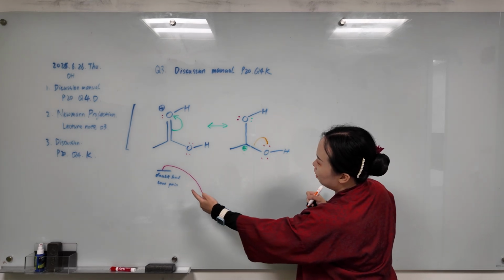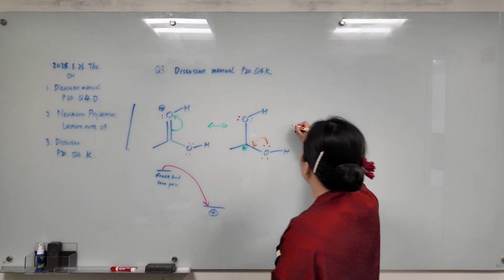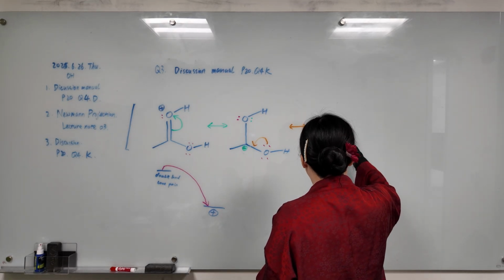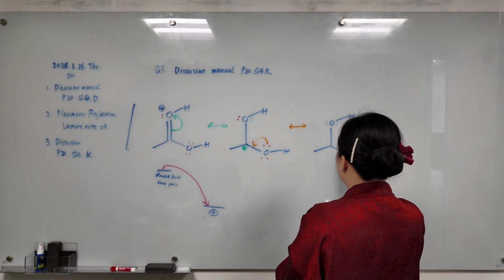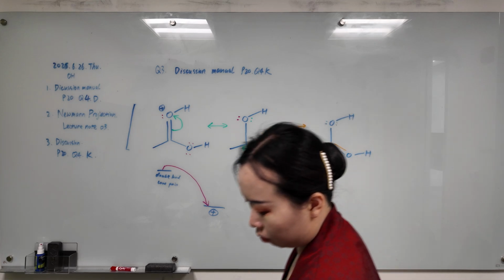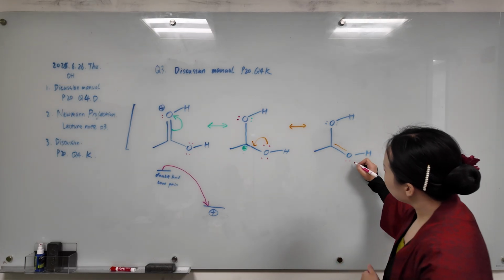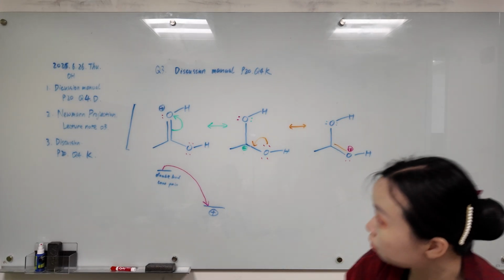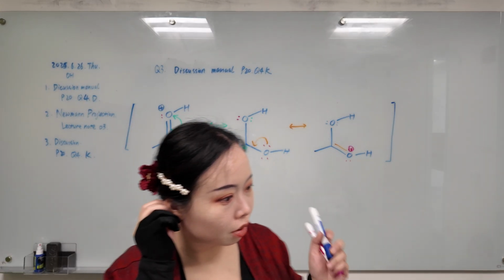Because of the double bond and lone pair, they like positive, they're going to pull into the positive. Right? Okay, that's it. Any questions?